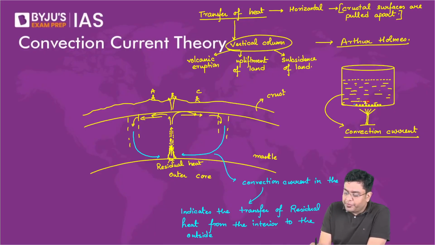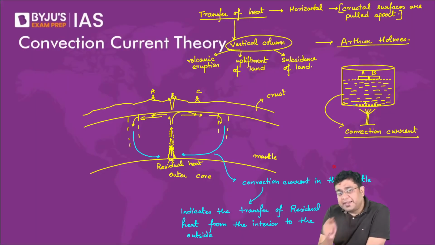So let's suppose you have a utensil full of water. Now do one thing. You can do this at your home as well. Keep two blocks of wood, A and B, very close to each other or together, before heating.